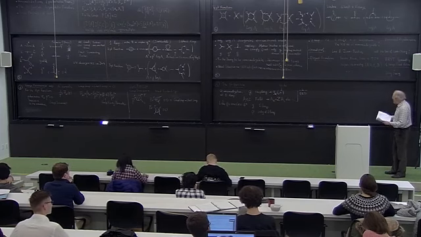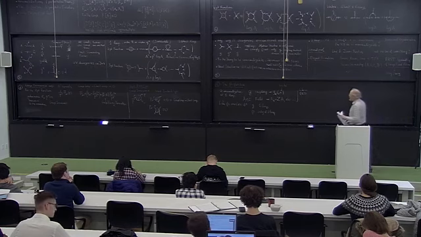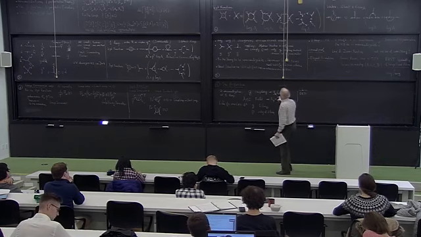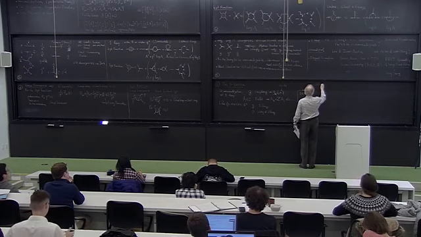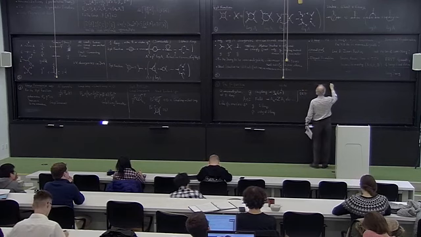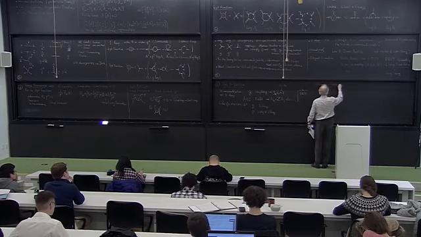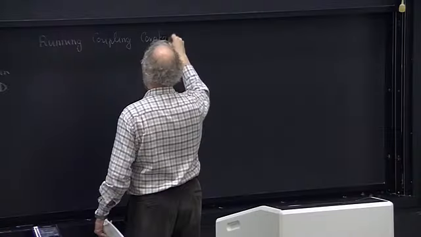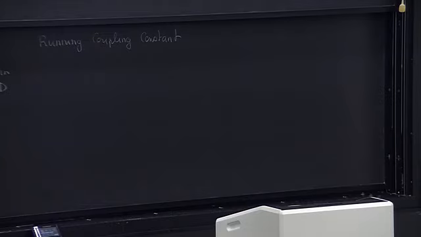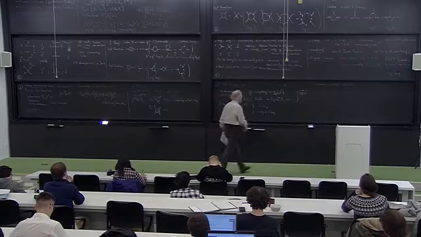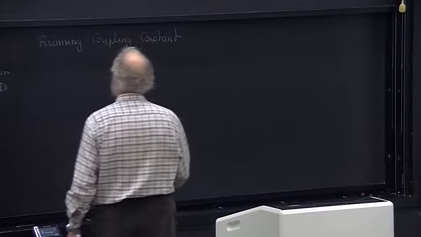But the final result is that since there are logs, there is a dependence on the scale. So you are going to have a running coupling constant, and the renormalization group equation for this running coupling constant is given by a beta function.